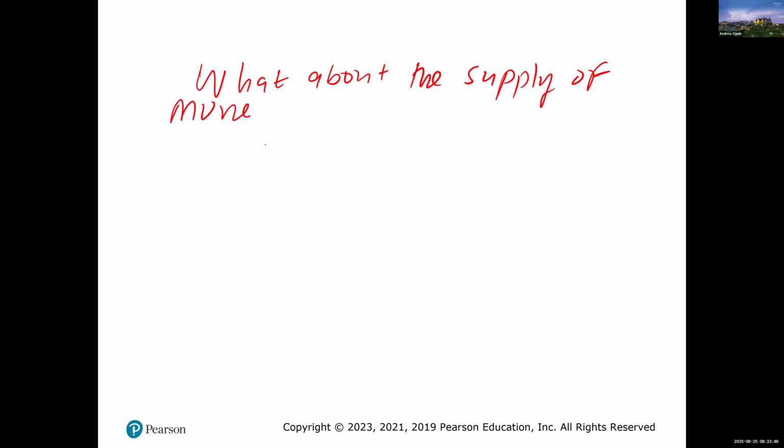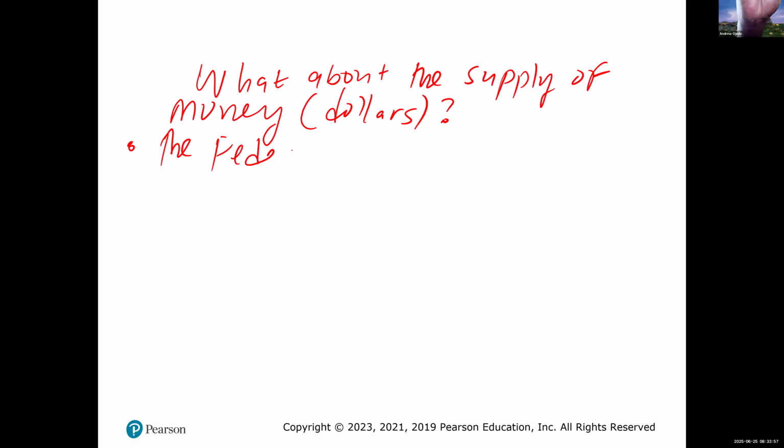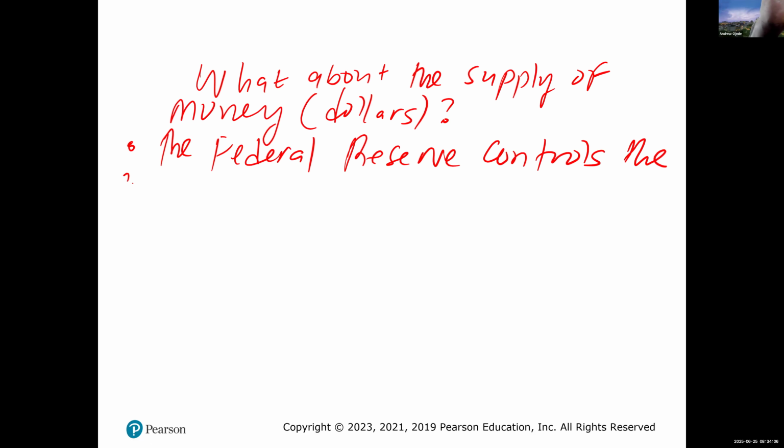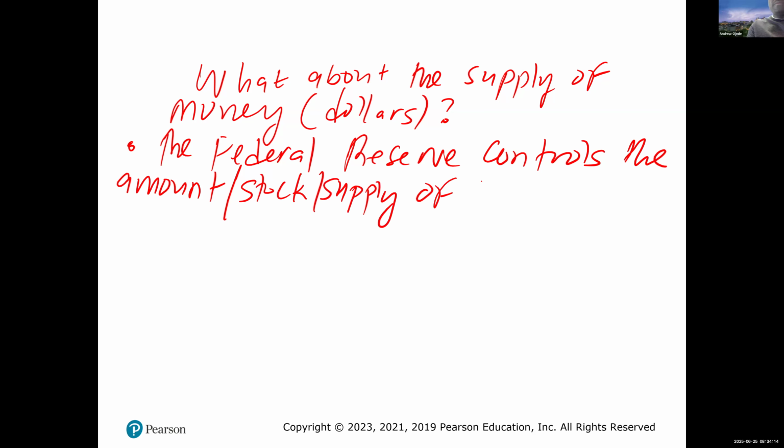So what about the supply of dollars in the economy? Supply of money. You can just say, for our case, the supply of dollars here in the United States. We saw in the previous chapter that the Fed, the Federal Reserve, controls the amount of money in the economy, or you can call it the stock of money, or the supply of money, they mean the same thing.